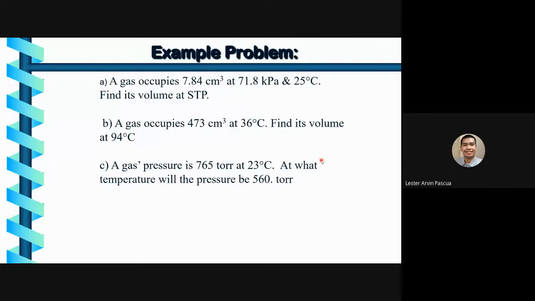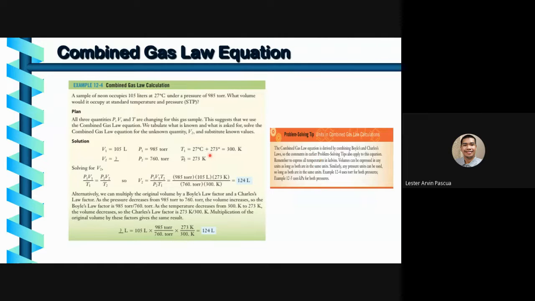This is an example of using that calculation. Actually, it's very easy to use lang din naman. Again, you're just essentially plugging in your values. Ang pinakamahalaga lang talaga, make sure na same yung units mo para magka-cancel out and you get your final answer. So, kung ano yung matitirang unit mo, yun yung final answer.